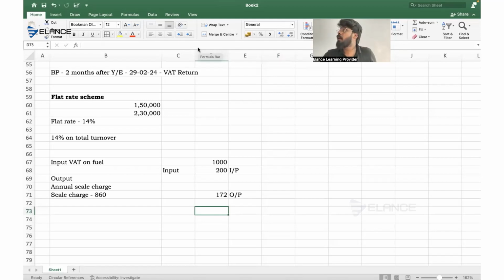So if there is any tax held by HMRC, or if the taxpayer makes any delay in making payments, in both cases interest is chargeable. For example, HMRC is liable to refund some amount to me, and HMRC pays that amount after 3 months.